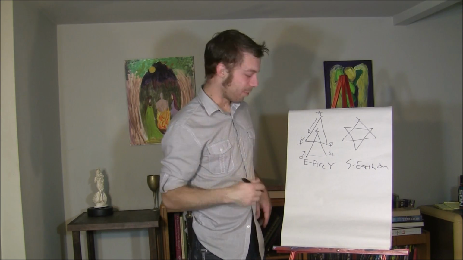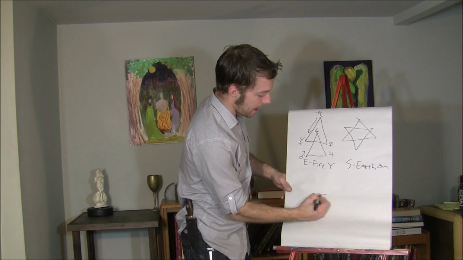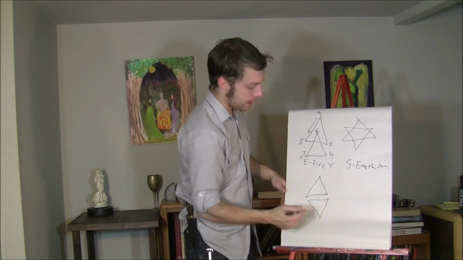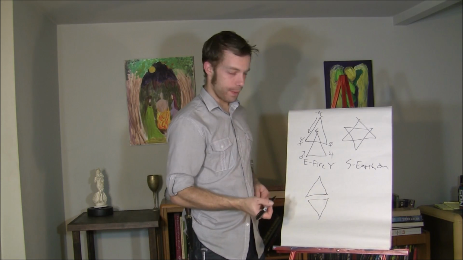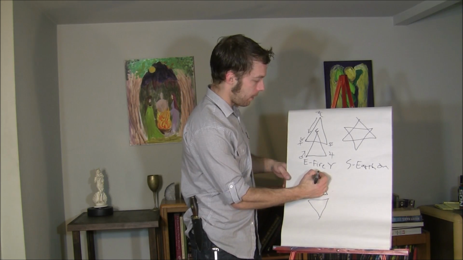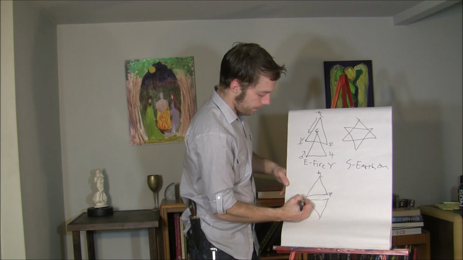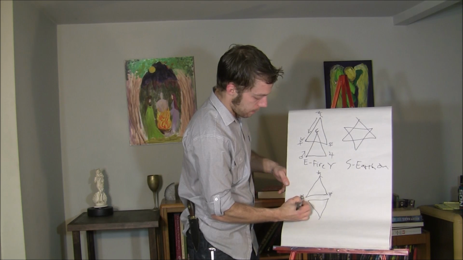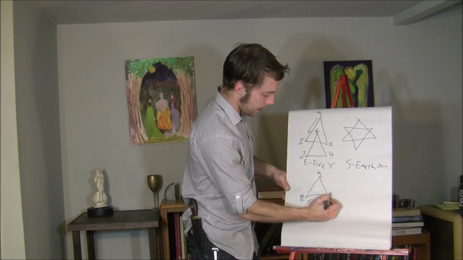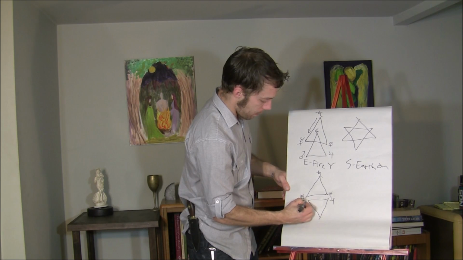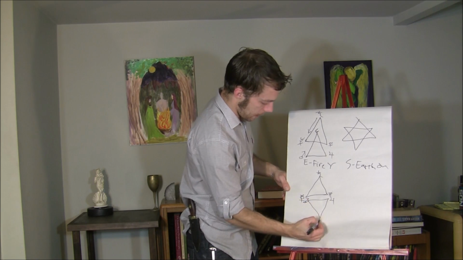Alright, so now we're coming around to the west with air, and air, often correlated to the intellect, is about separating and organizing things. So again, we have Saturn up top, then we have Venus and Mercury, and then we have Jupiter, Mars, and Luna.